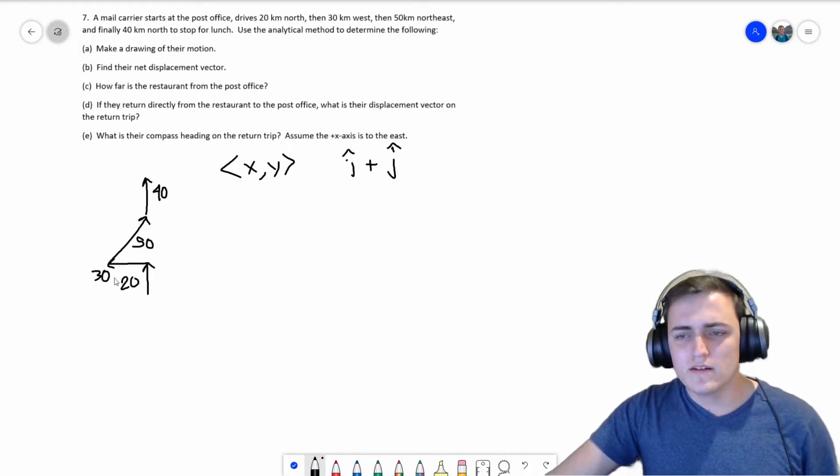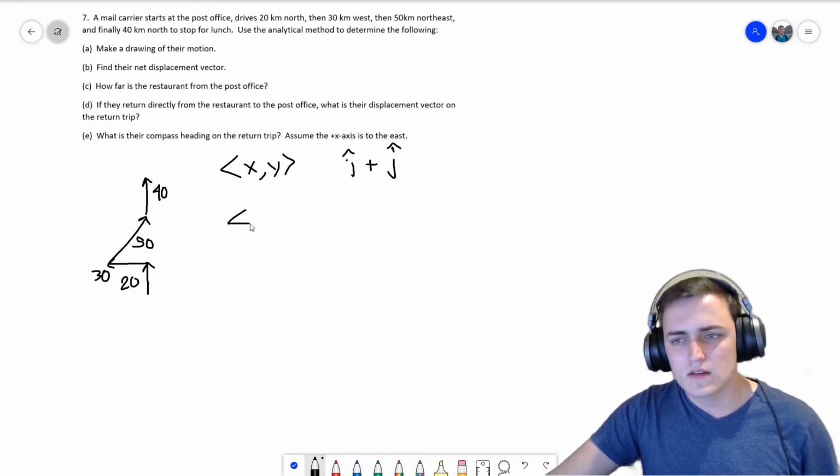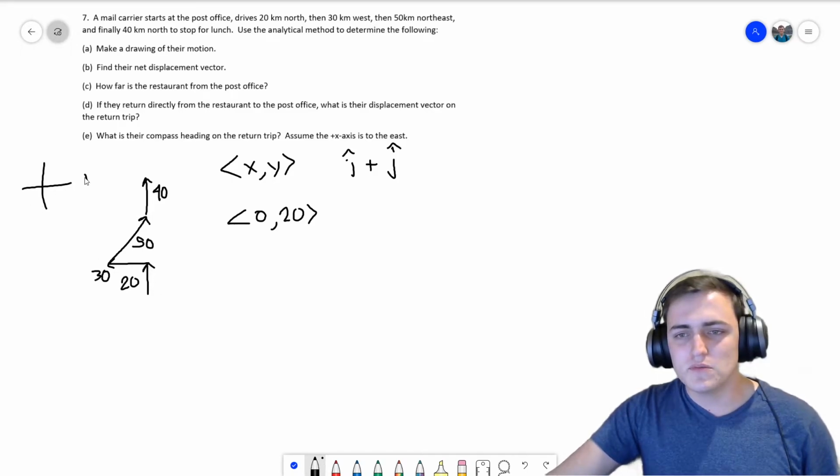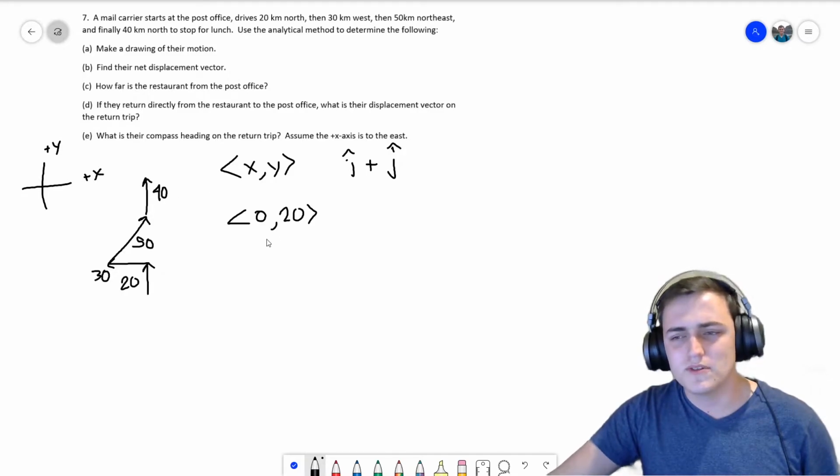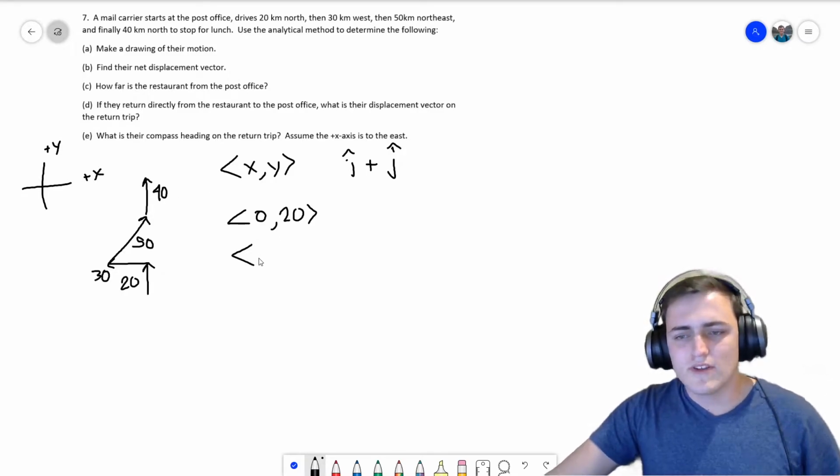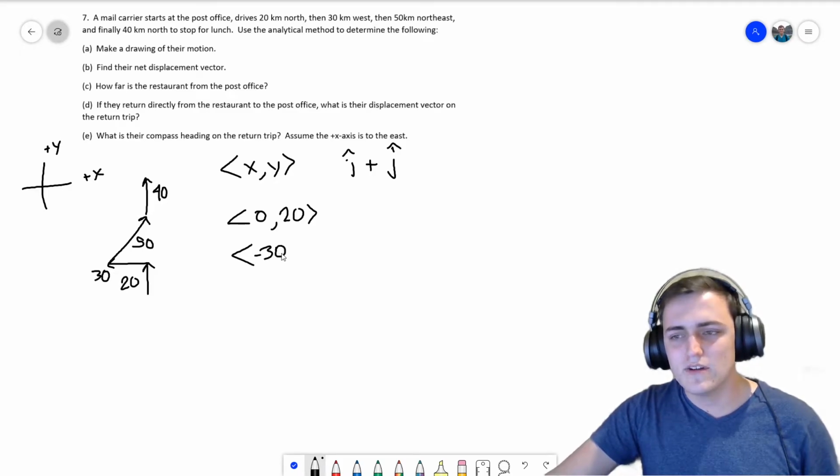So for the first vector, 20, we have a 0 on the x-axis and a positive 20 in the y. It's just straight up by 20. And of course, we're going to assume positive x is to the right and positive y is up. That's important to establish. Vector 2 is 30 to the left, so that's negative 30 on the x and 0 on the y.